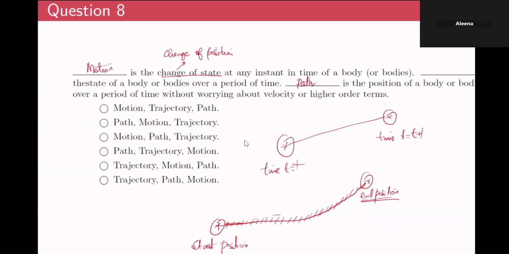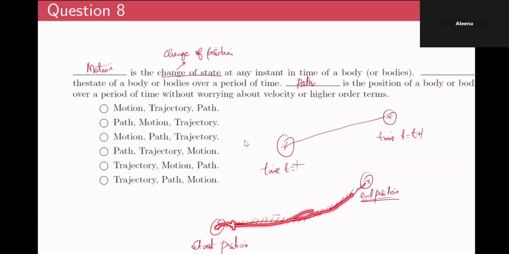Maybe it could move very fast half of this path and then move very slowly as it reaches the end. Or maybe it could start very slowly when it is starting, and in between it can go very fast.